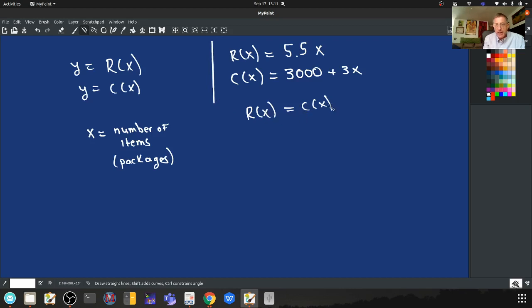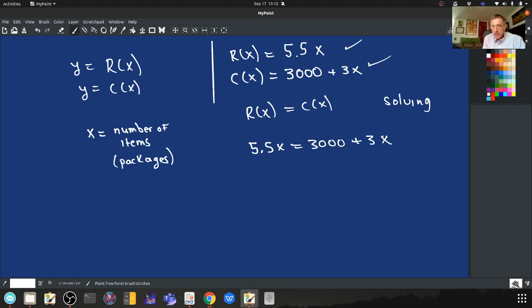When is R of x equal to C of x? So let's do it. I want to know when 5.5x is equal to 3,000 plus 3x, and I'm solving for x. So once I've got my equations, I just set them equal to each other.